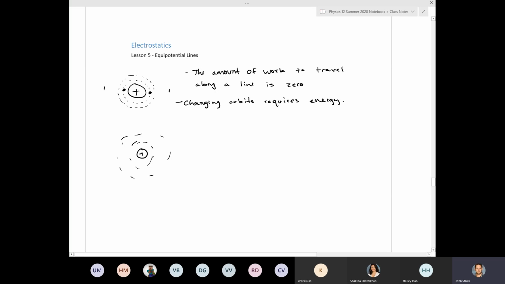The reason Niels Bohr found out about these shells of electrons is because he saw energy being released when an electron would change orbits. So the whole point is that there's a change in energy when an electron changes orbit surrounding a nucleus. It's an application of where physics meets chemistry.